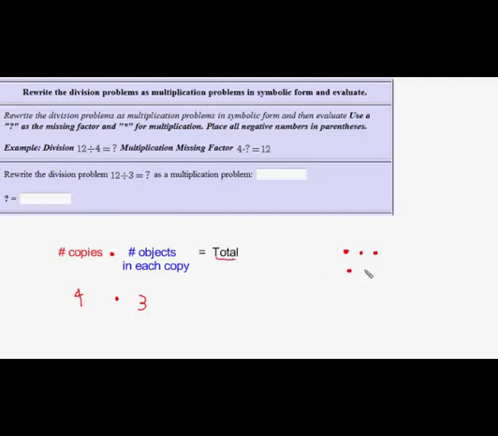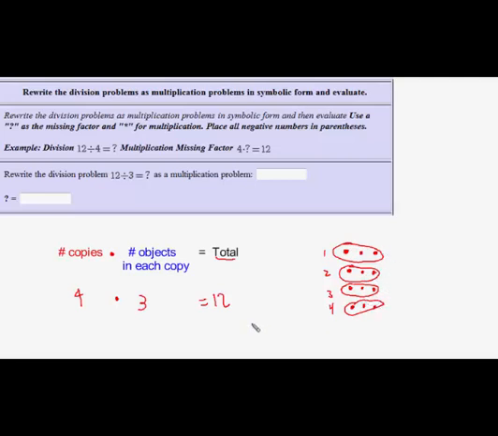So if I did that, here are 3 units and I made 1, 2, 3, 4 copies of my 3 things, and if you had 4 copies of those 3 things, you would get a total of 12, and you could do this just by counting them all up. 1, 2, 3, 4, 5, 6, 7, 8, 9, 10, 11, 12. Or if you know how to count by threes, 3, 6, 9, 12.